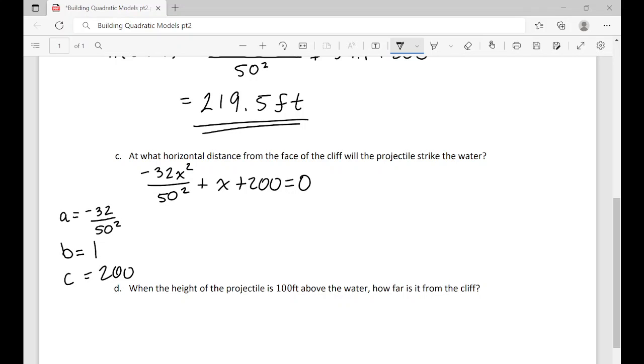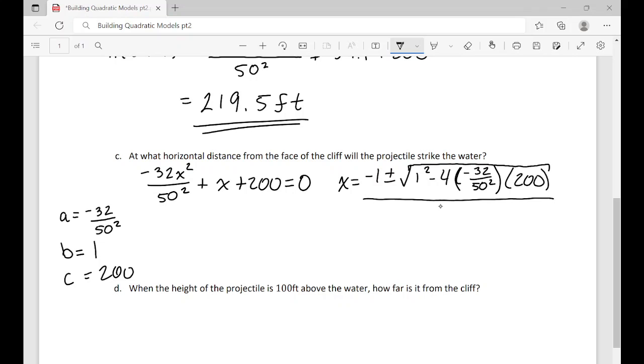I'll leave it to you to do the math on your own, but it should come out as negative 1 plus or minus the square root of 1 squared minus 4 times negative 32 over 50 squared times 200, all over 2 times negative 32 over 50 squared.